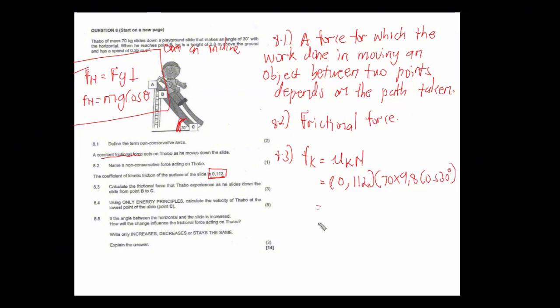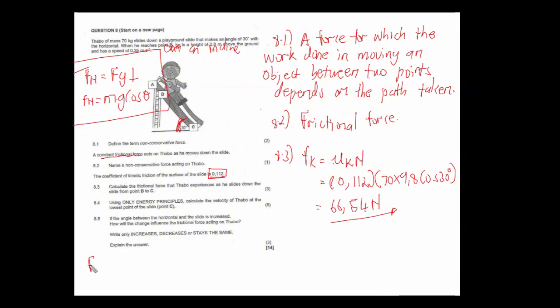Then you simply take your calculator: 0.112 multiplied by 70 multiplied by 9.8 and then cos 30 degrees. This gives us 66.54 newtons, rounded off to 2 decimal places. And just like that, a 3-mark question usually means the formula, substitution into the formula, and the correct answer with the correct SI unit. Okay, so save that.